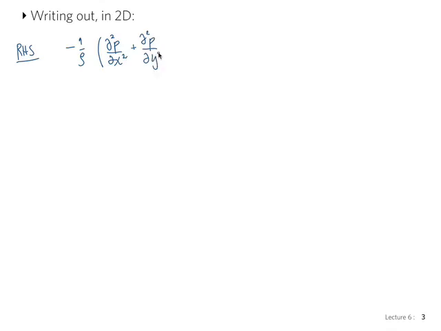For the right-hand side, we had minus 1 over rho, and we add up those terms, and so we have the Laplacian of pressure, adding those two terms there on the right, plus, and now I'm going to write out the whole term that involves the Laplacian.